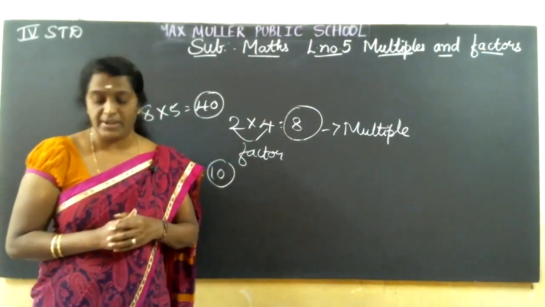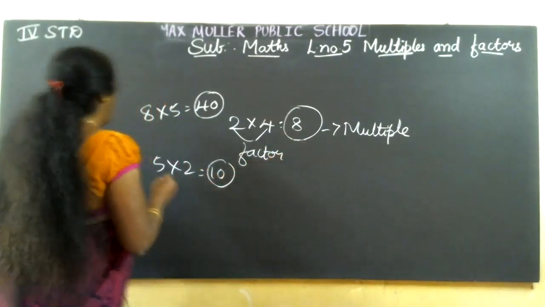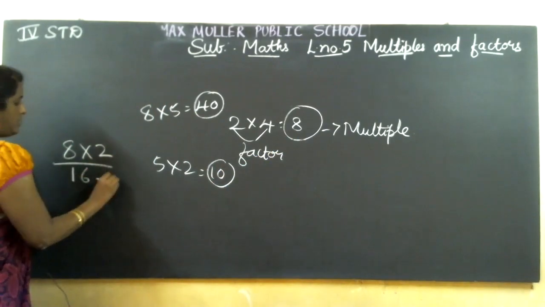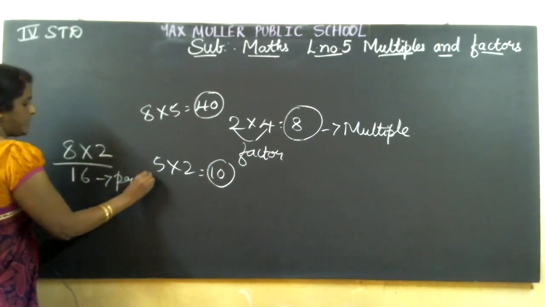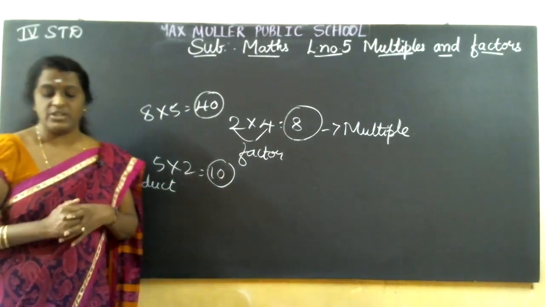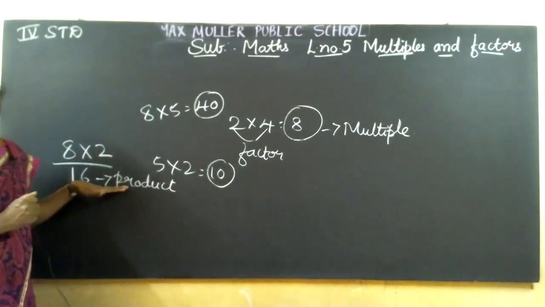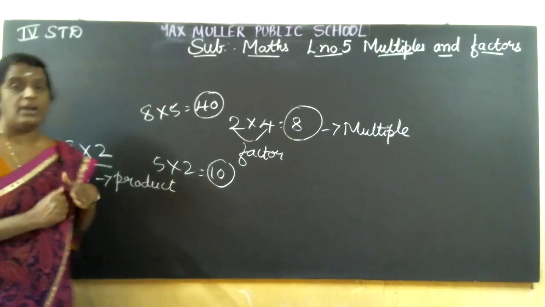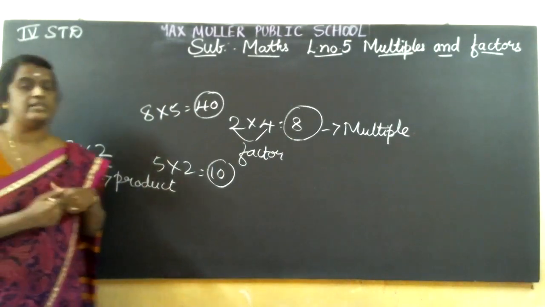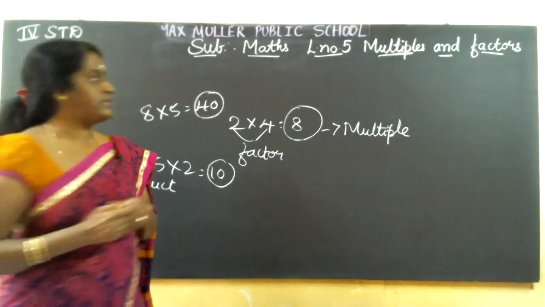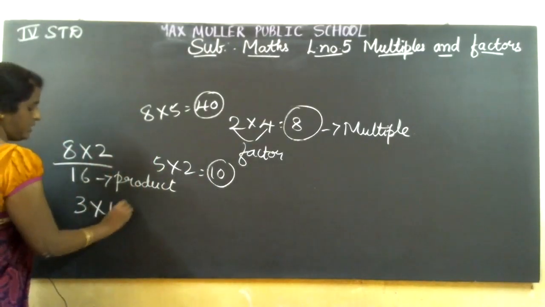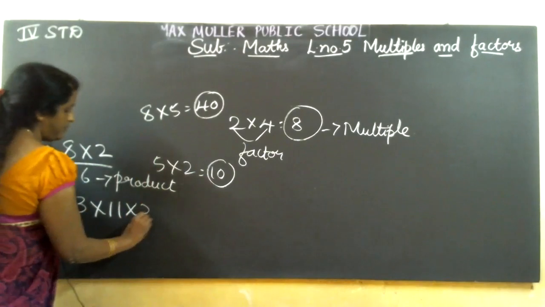The product of multiplication, as I told, see here, 8 2s are 16. This is the product. The product of multiplication is the multiple of all the numbers which are being multiplied. Example: 3 into 11 into 2.